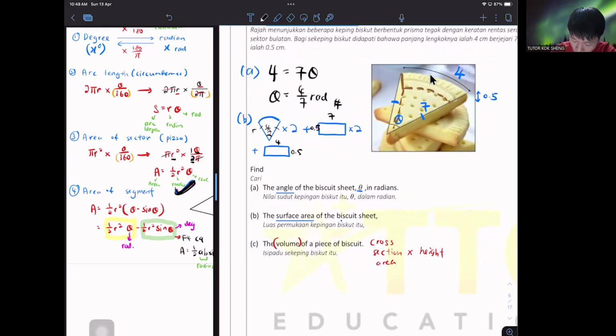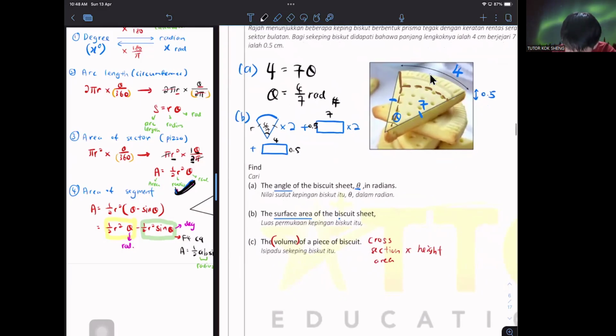Start from the sector first. 1 over 2 times 7 squared times theta in radian, times 2, plus two rectangles and one more rectangle here.